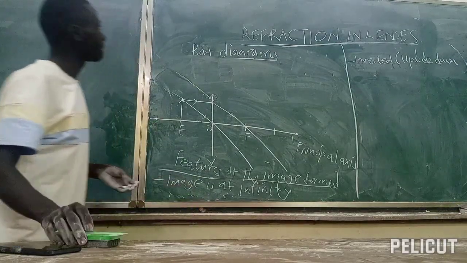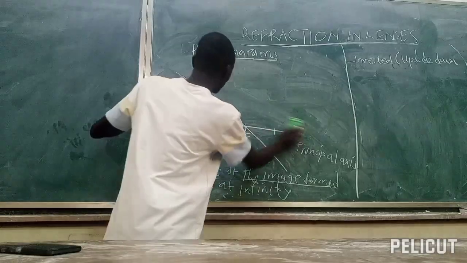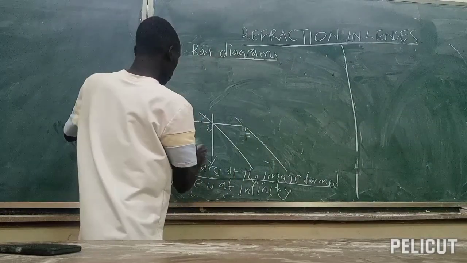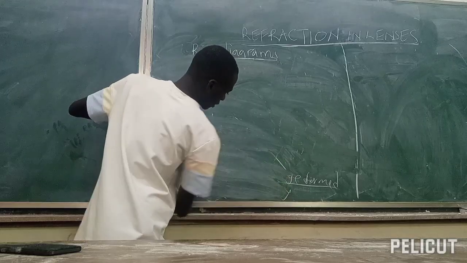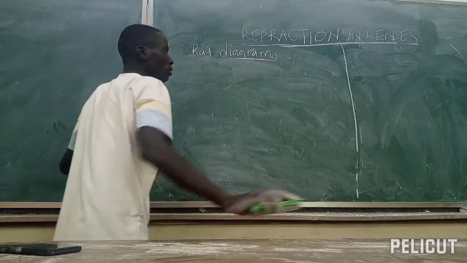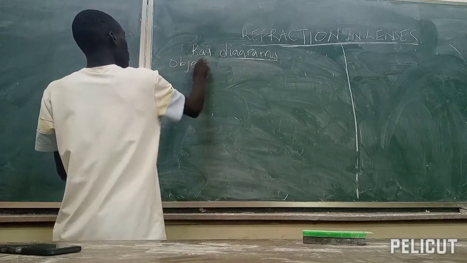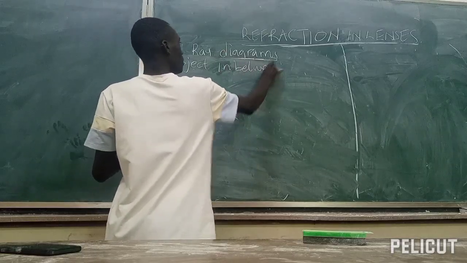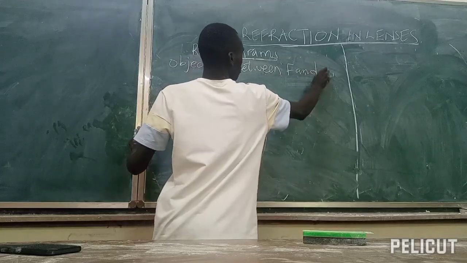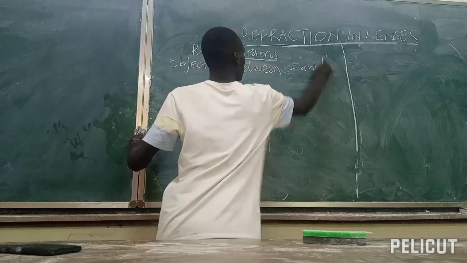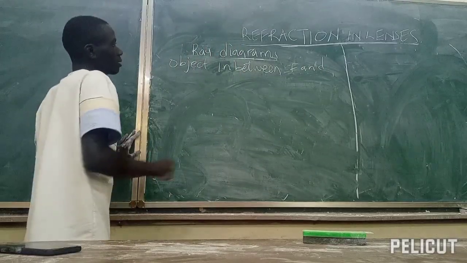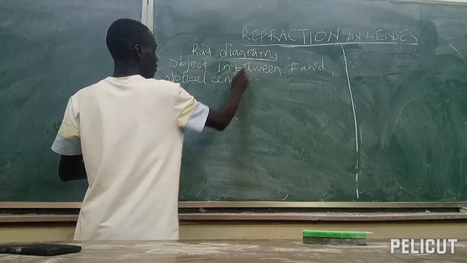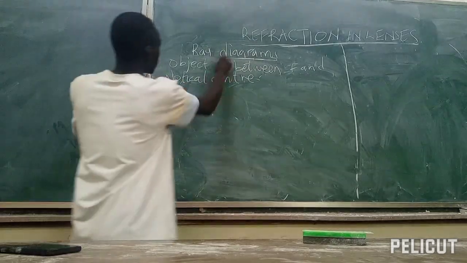The last part is when the object is placed in between the optical center and the principal focus, in between F and O. So let us look at the object in between F and O, the principal focus F and the optical center.